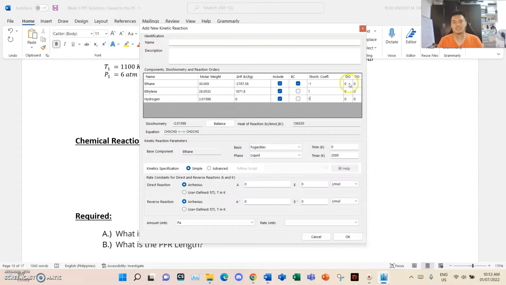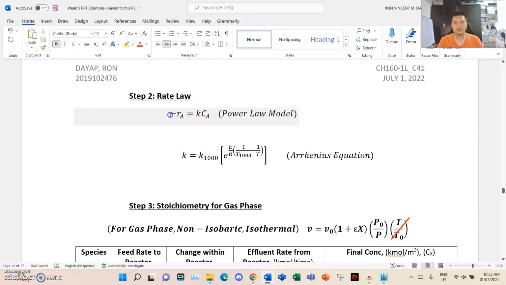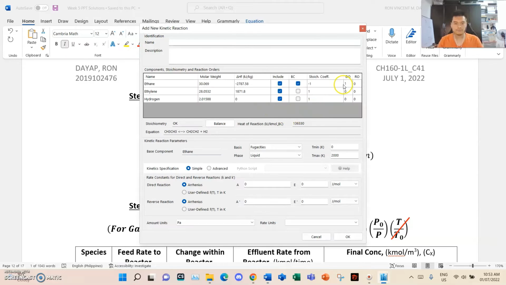They correspond as products, and we will assume that it is a first order reaction due to the power law model having this form, which is also similar to a first order rate law equation. And you will note that if the stoichiometric coefficients you've been inputting here are correct, the stoichiometry is okay. This means that the amount of carbon and hydrogen at the left side is equal to the amount of carbon and hydrogen at the right side.